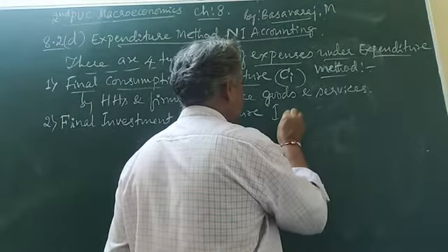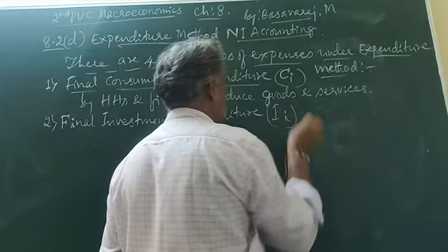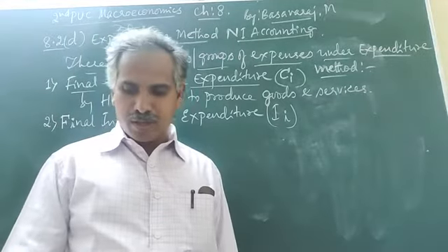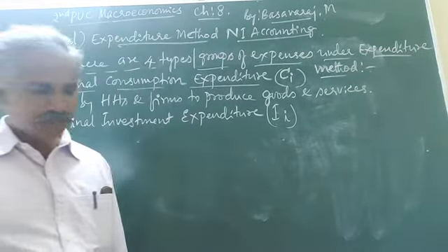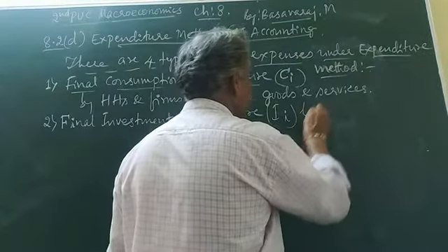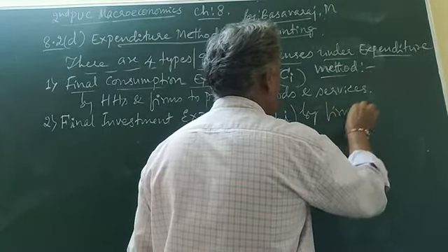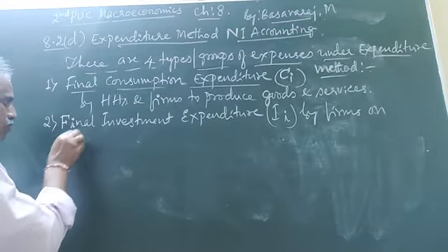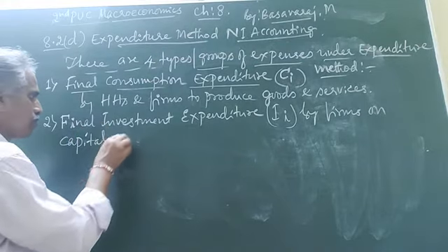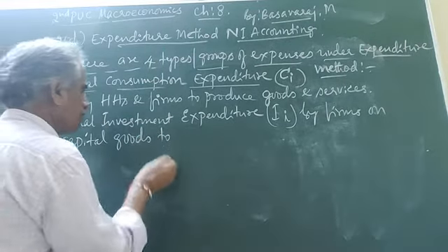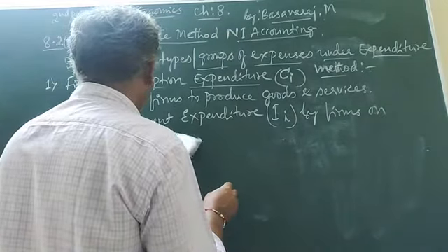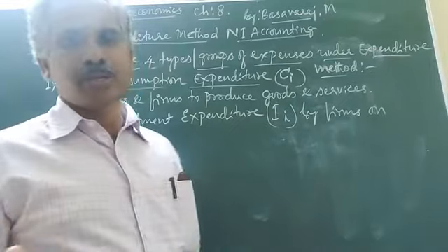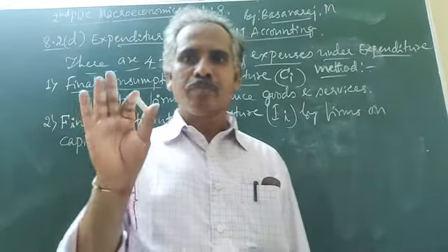That is investment, I. The final investment expenditure comes on capital goods. In order to buy the capital goods, expenses are made by the firms.